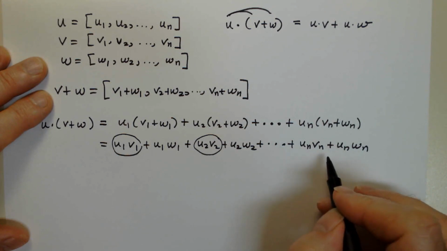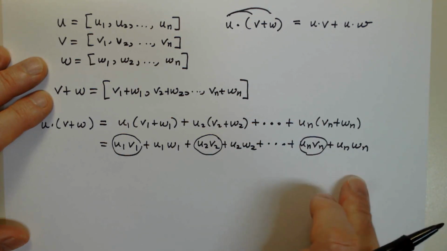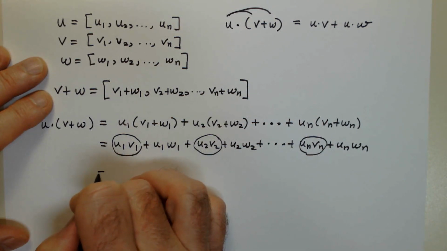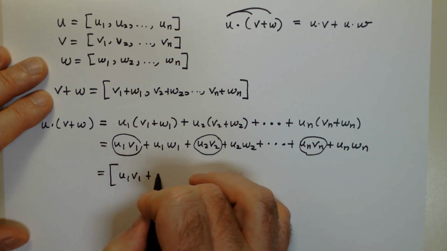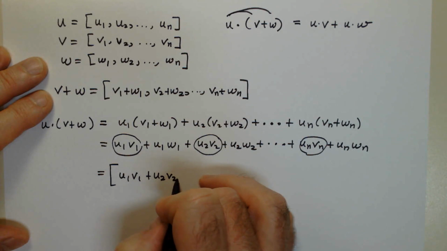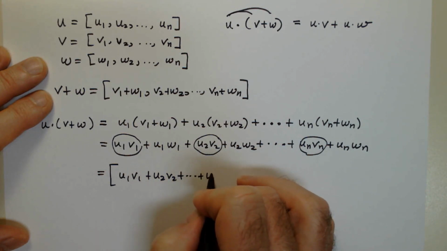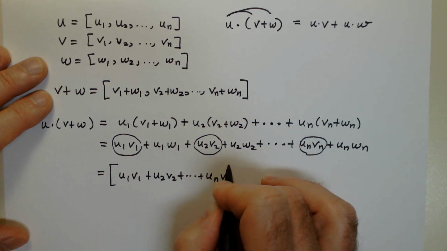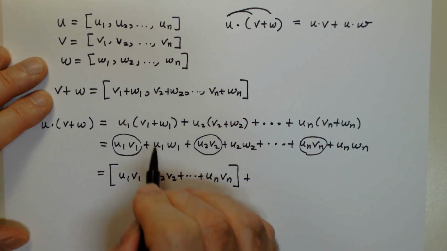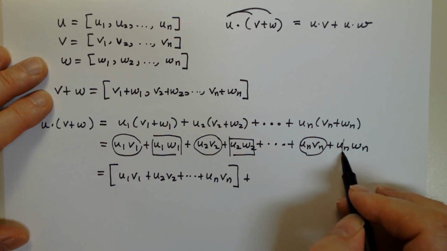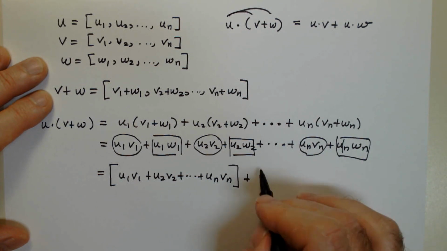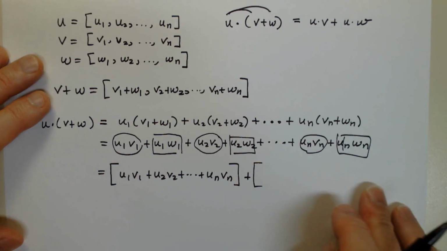I'll grab that one, and the unvn, and I'll pull all of them here to the left. Then I'll take all the pieces that remain, all the uw products, and I'll push them to the right here and associate them.